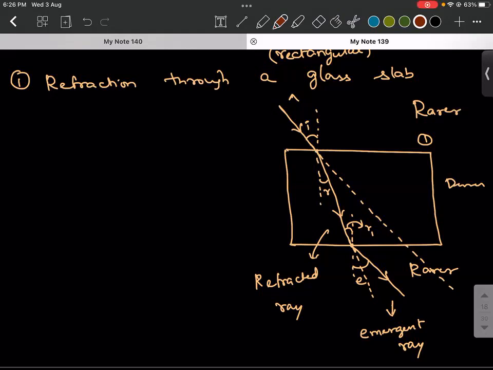So if I look at the lines near points A and B, I can say that at A there is one normal like this, at B there is another normal like this, and there is a refracted ray in such a way that if this angle is R and this angle is R1, then I can say R is equal to R1 because they are alternate interior angles.